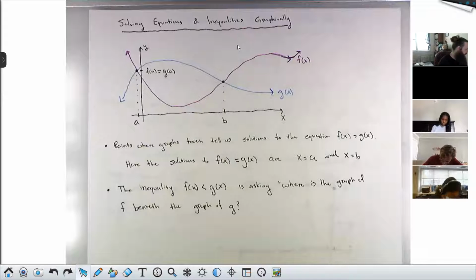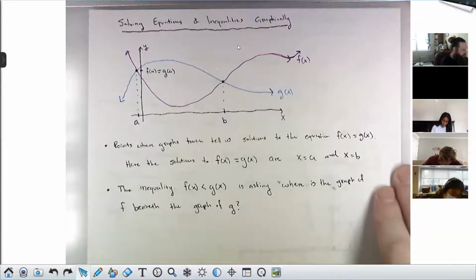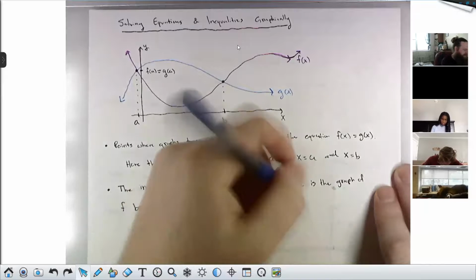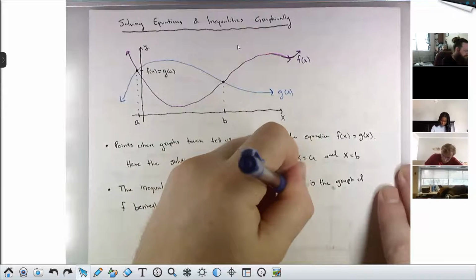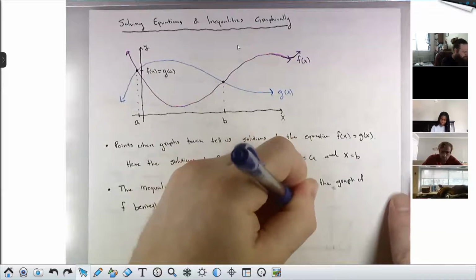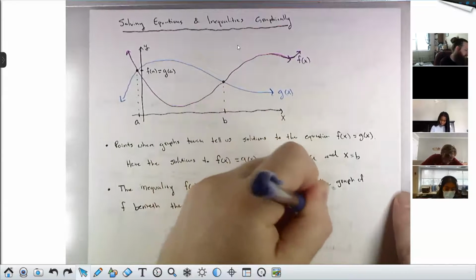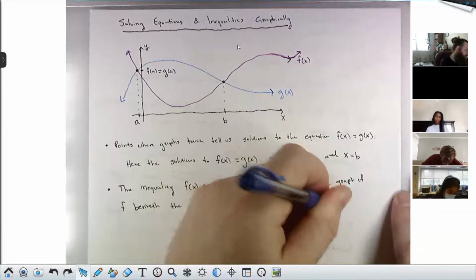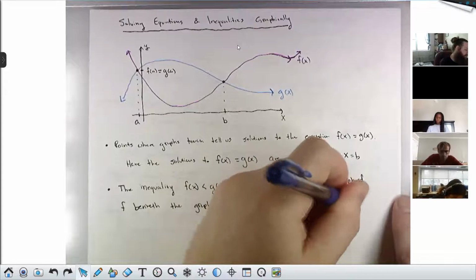So a quick tip: in mathematics, especially in calculus and analysis, the broader field that calculus is a part of, the word where always means for what x values, for what inputs.